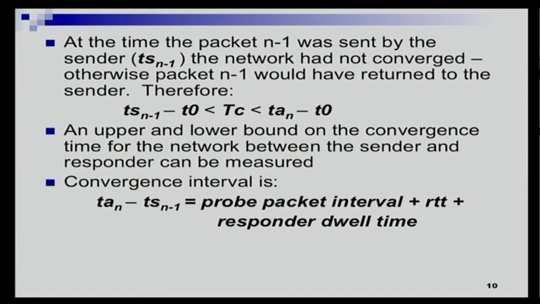And the last parameter is what I'm calling the responder dwell time. When a packet comes in to the responder, it may not send it out again right away. Certainly in the Cisco implementation, the responder can be a router, and the router is busy doing other things. Its primary job is to forward packets, not to be a responder. So it may not send the packet back out right away.